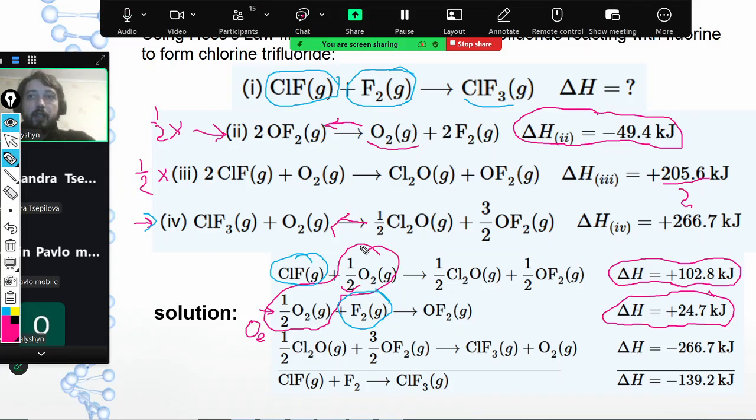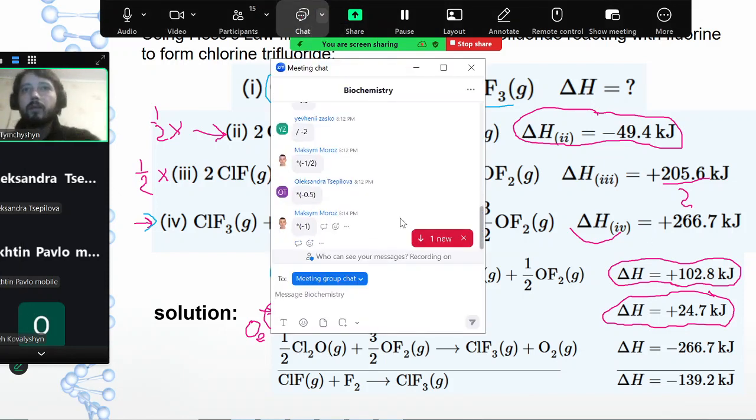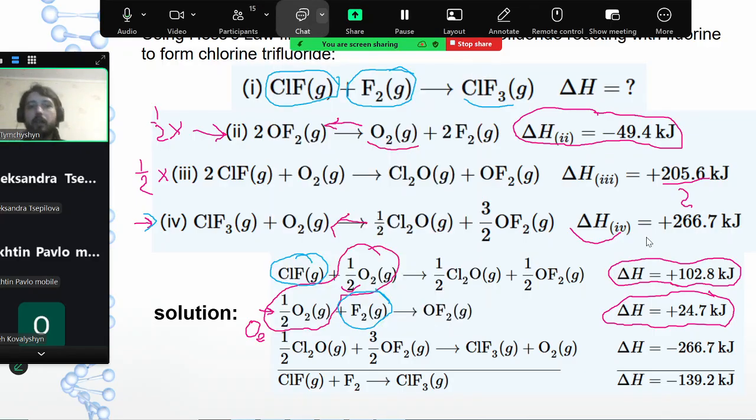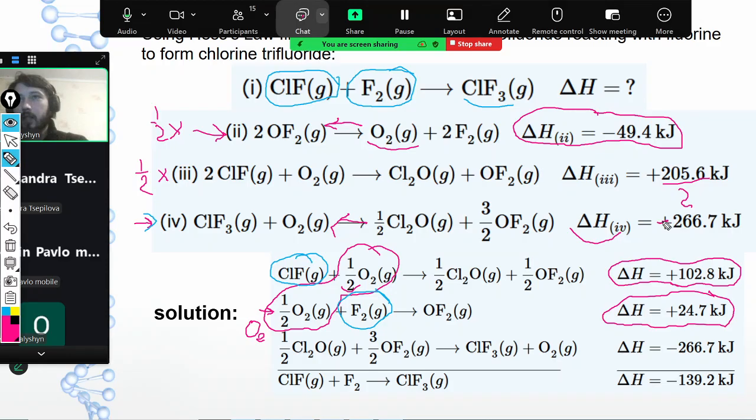So if I just invert the arrow, what happens to the delta H? Multiplied by -1. Yes, absolutely correct. So it picks up a minus sign. So here we have it. And here is our equation.